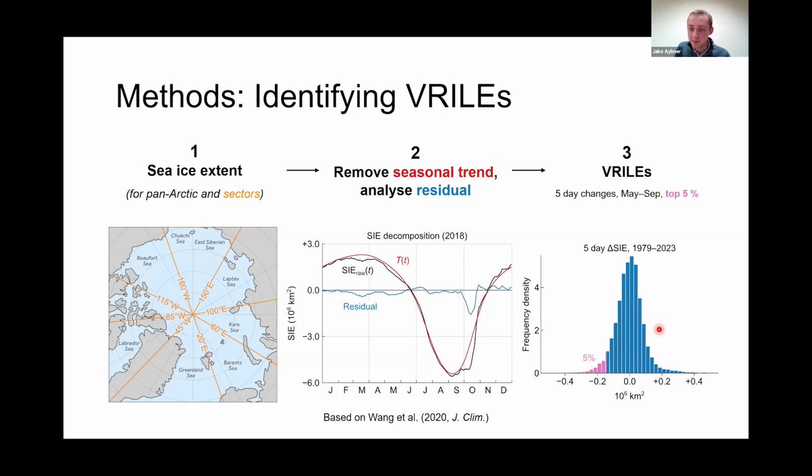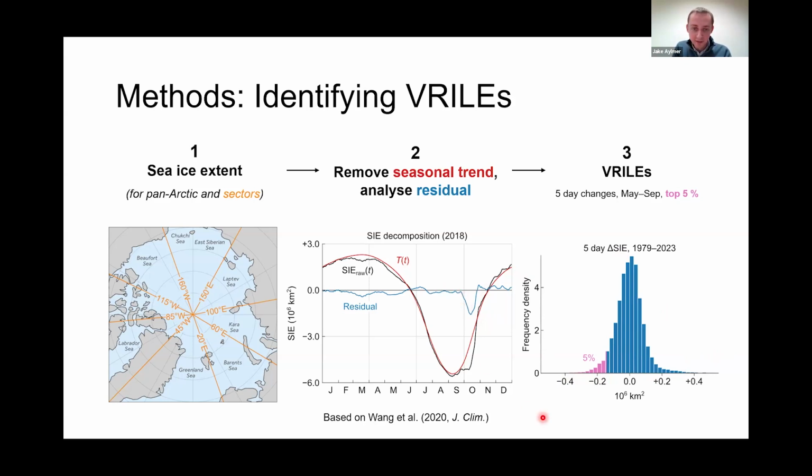That gives us a nice smooth histogram, very smooth because it's all been detrended and there are no trends in there. Then the very rapid ice loss events are simply defined as anything in the top or the bottom 5% of that histogram. And as I say, that dip at the end of the melt season in this year is an example of one that we'll look at.